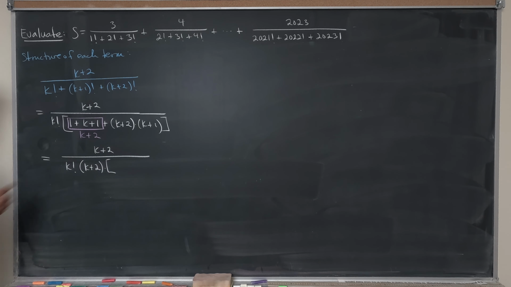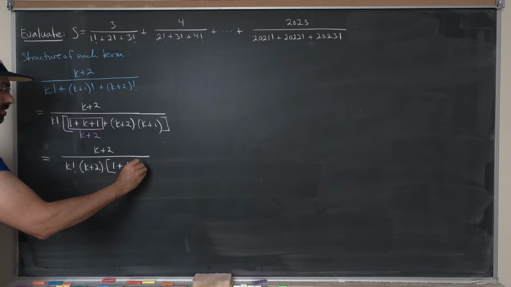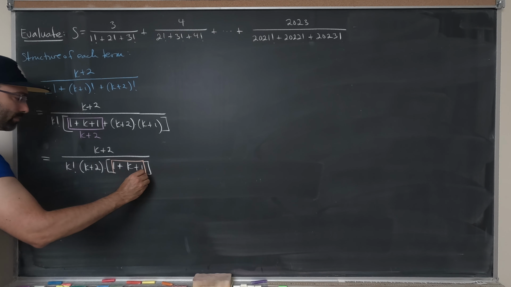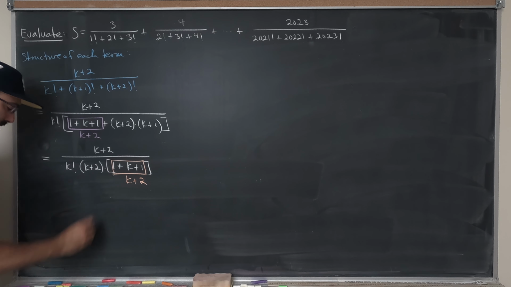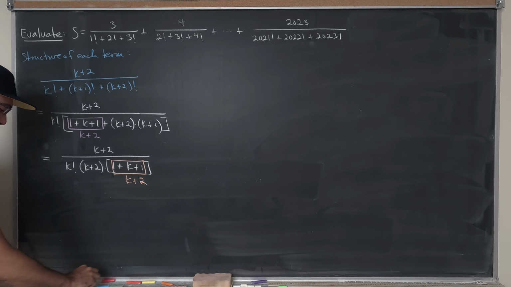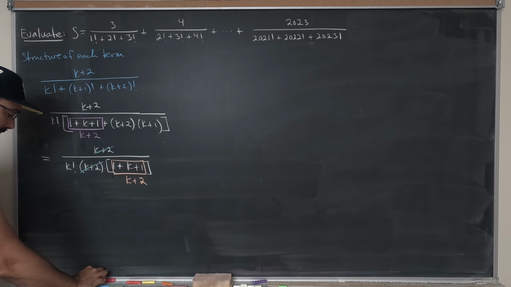And then what we have left inside is 1 from here plus k plus 1 from there. But now this quantity is again k plus 2. So what can we do with this? Well, first of all, there's this k plus 2 upstairs and a k plus 2 downstairs. We'll just cancel those out.